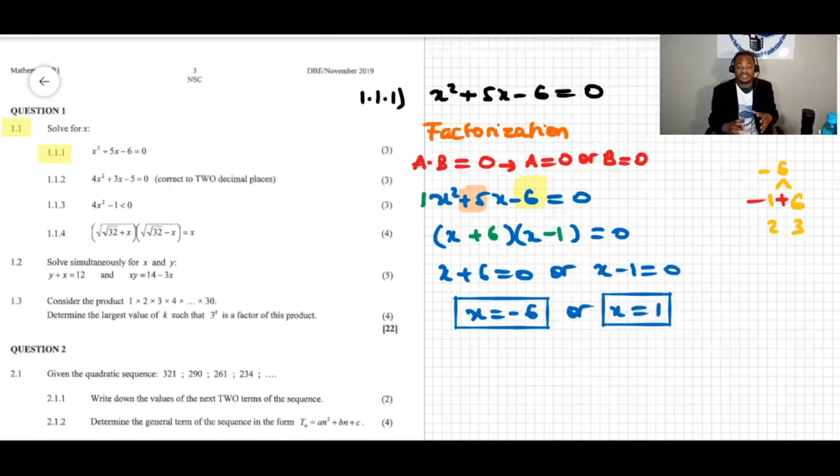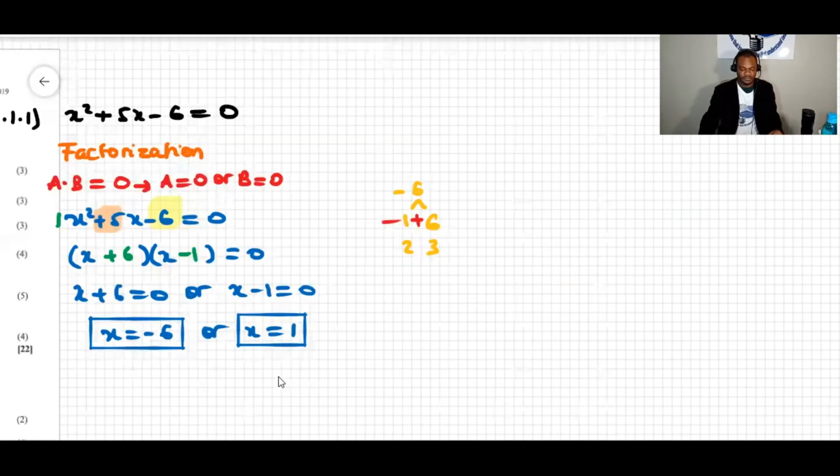We can also solve the same problem by using the quadratic formula.